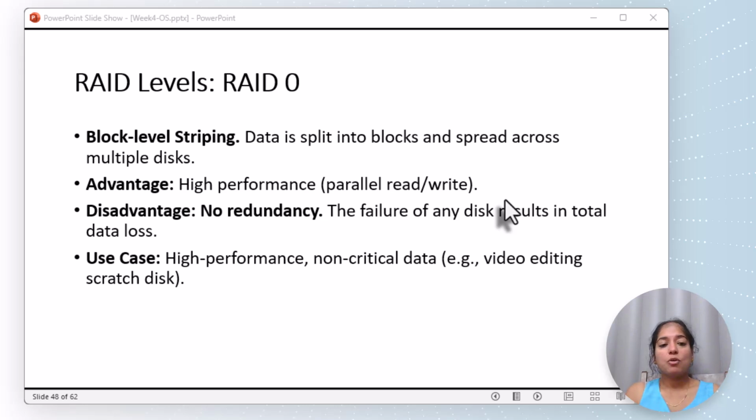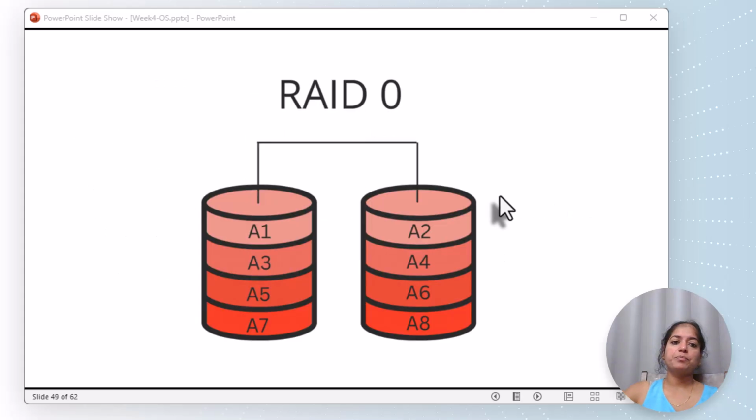But the drawback is that the failure of any one disk results in total data loss. Use cases are where we require high performance and the data is not critical, like some video editing software or scratch disk.